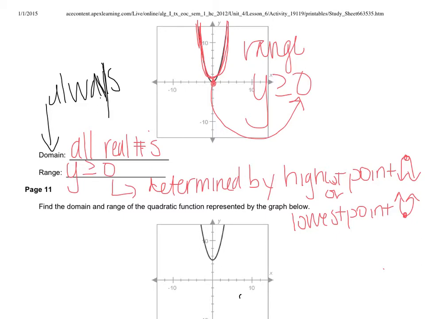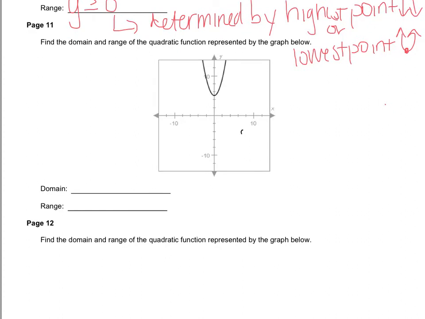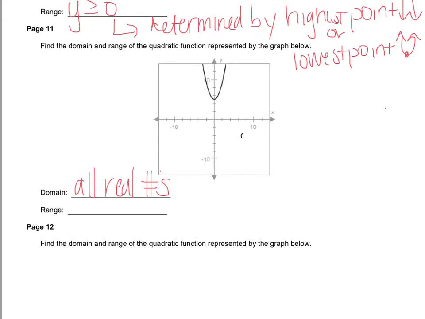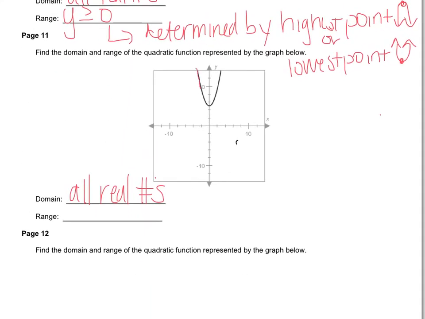If you look at the next graph, it's a very similar graph. Because it's a parabola, the domain is all real numbers. That is always true. Remember, our range is going to be determined by the highest or lowest point. So if it opens up, which it does, then the y's are greater than or equal to whatever this number is right here.